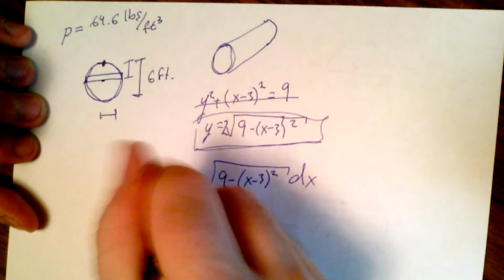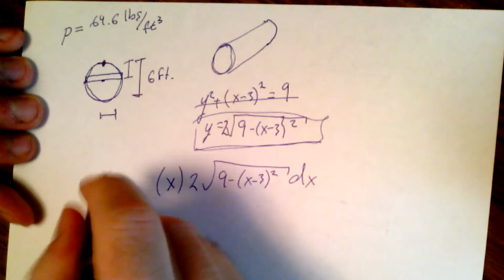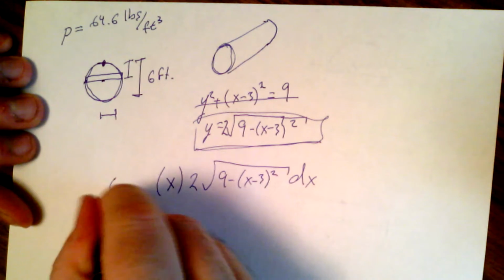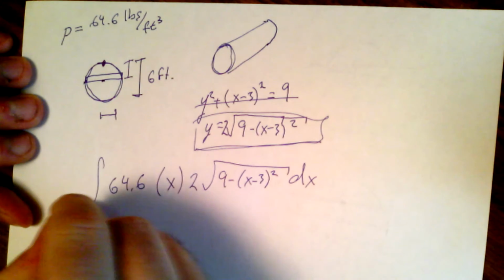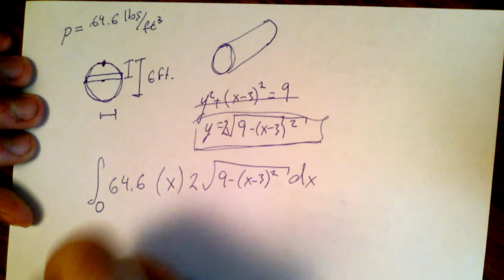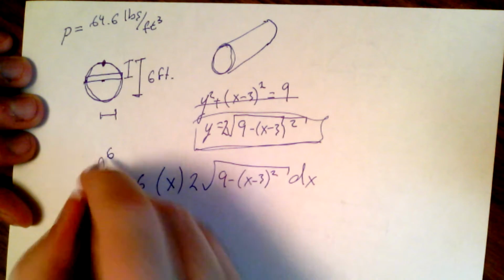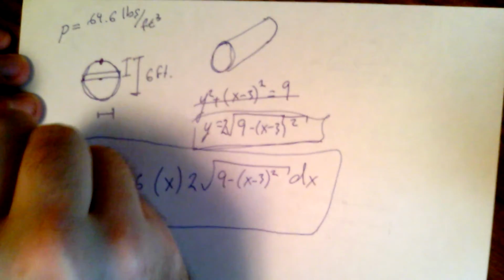Its depth is x because we chose 0x to be at the top. And then the weight density is 64.6. So the integral of this from a depth of 0 at the top of the tank down to a depth of 6 at the bottom of the tank gives us our hydrostatic force.